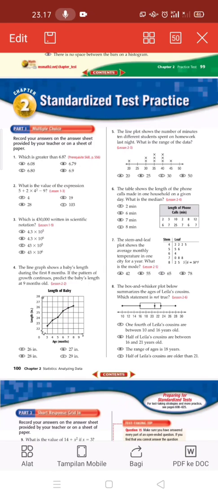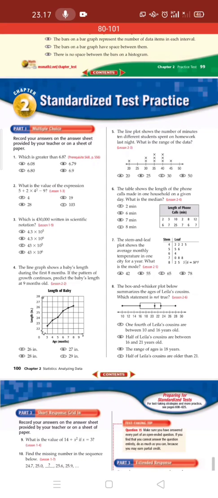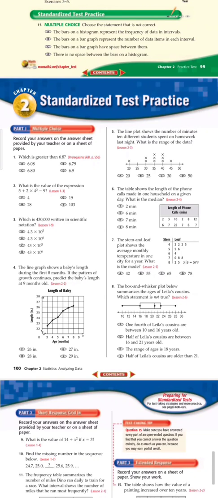6. The table shows the length of the phone calls made in one household on a given day. What is the median? F. 2 minutes. G. 6 minutes. H. 7 minutes. J. 8 minutes. 7. The stem-and-leaf plot shows the average monthly temperature in one city for a year.